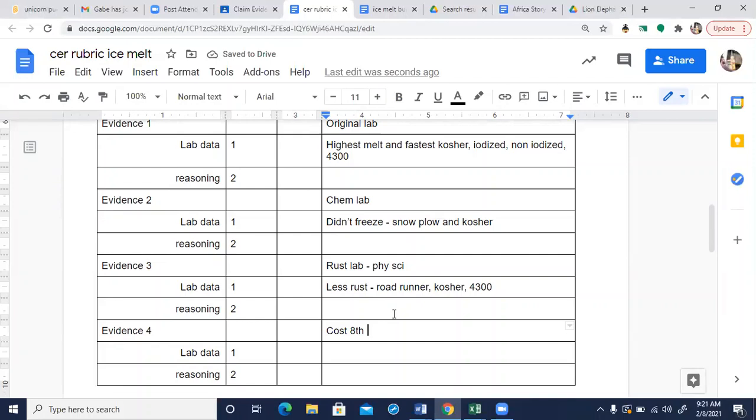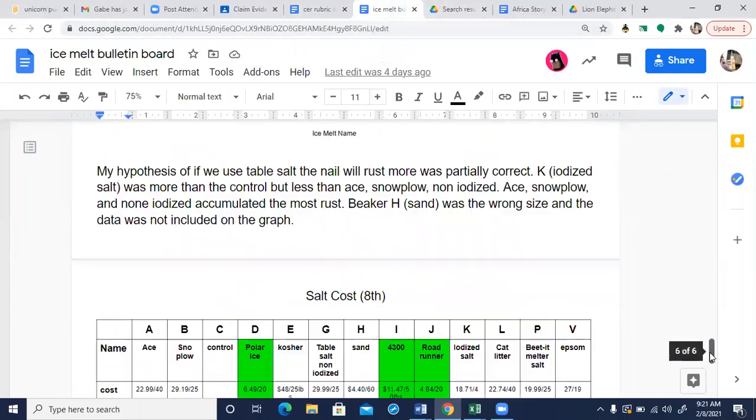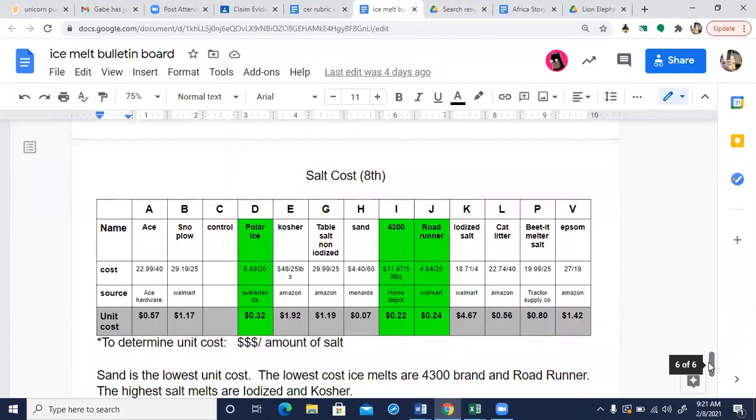All right, evidence 4 is the cost data from the 8th graders. You have not seen this data before. All right. So there's the cost data. Notice that the bottom row says unit cost. That is per pound. Okay. So what do we want on the cost? The least.